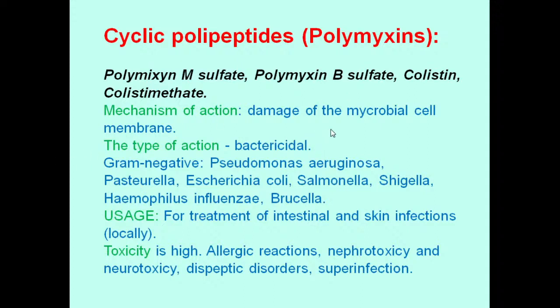Type of action, bactericidal. Spectrum is narrow and includes gram-negative bacteria: Pseudomonas aeruginosa, Pasteurella, Escherichia coli, Salmonella, Shigella, Haemophilus influenzae, Brucella. That's why they are mostly used for treatment of intestinal and skin infections.